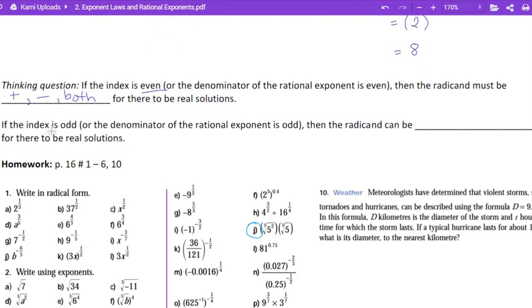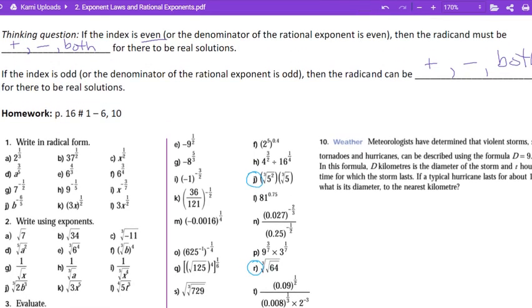Likewise, if the index is odd, 3, 5, 7, 9, or the denominator of the rational exponent is odd, then the radicand can be positive, negative, or both. Play with that. Figure it out. Use your brain. And we can talk about that on Monday.